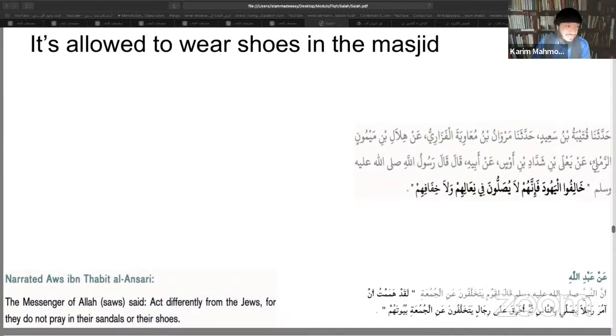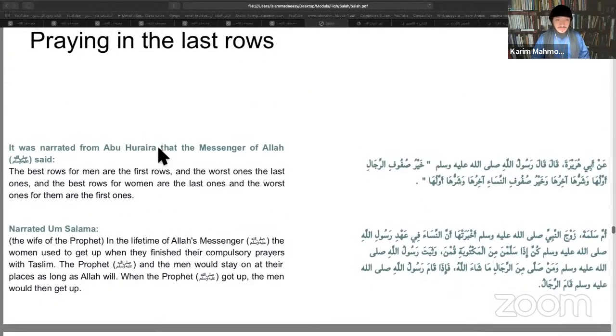During the time of the Prophet ﷺ, the masjid of the Prophet ﷺ had regular sand. It was the regular ground. There was no carpet. The thing that we have today is carpet. So that's the main reason why we take our shoes off, so we don't destroy these carpets. If everybody walks in with shoes, of course these carpets are going to be destroyed. But is it haram to walk in a masjid with your shoes on? No, it is not. Okay, all right.